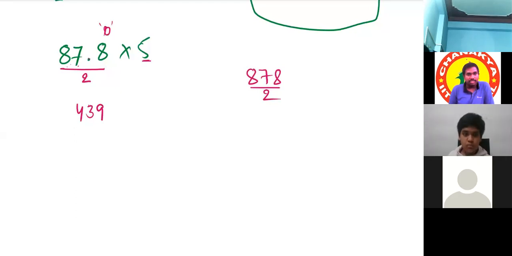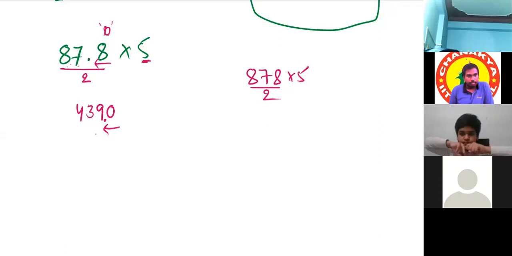Simply multiply this 0 by 5. So 0 5 times it is 0, right? So this is the result of 878 into 5. But the problem is 87.8, right? So that's why we have to put 1 decimal point after 1 digit from the right side. Shahu, is it clear now?